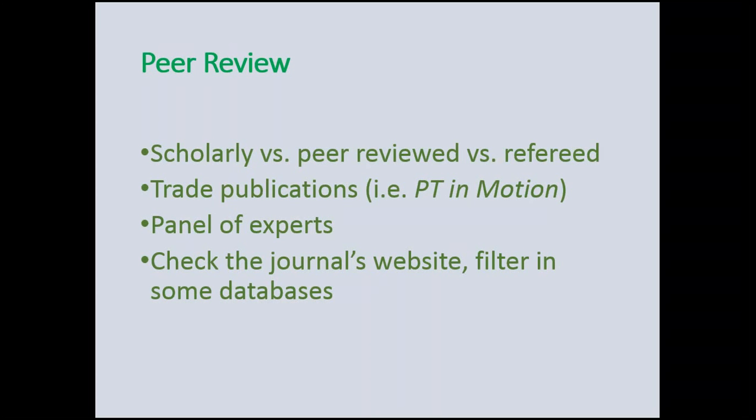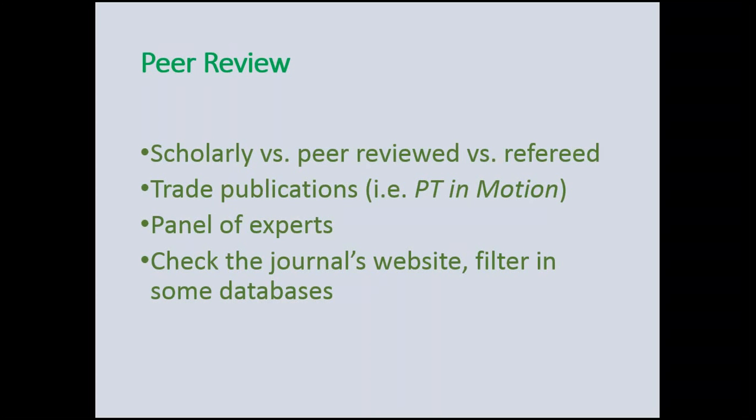If you're members of the APTA, you can look at those two side by side, and you can see some of the differences in a scholarly peer-reviewed journal versus a trade publication or a magazine like PT in Motion. If you're looking at the physical copies, there are a lot of physical differences. There are a lot of ads in trade publications, some as big as an entire page.